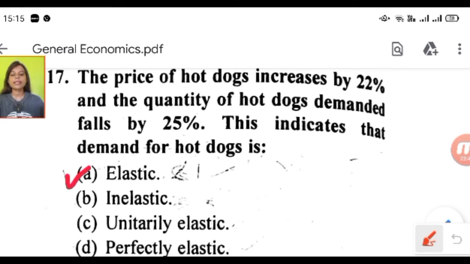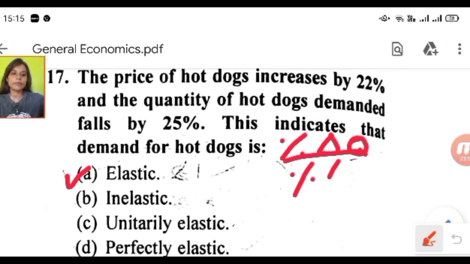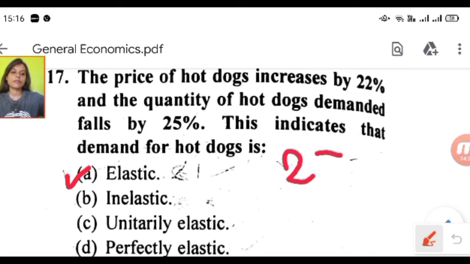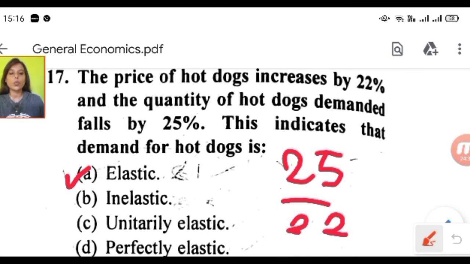Because the formula for price elasticity of demand is percentage change in Q divided by percentage change in P. Now, if I put the numbers provided here, 25% divided by 22%, this comes to 1.13.